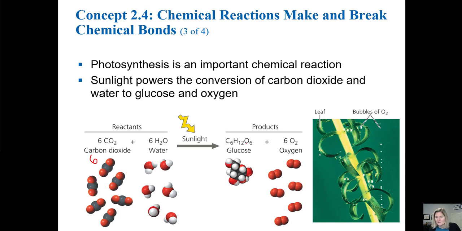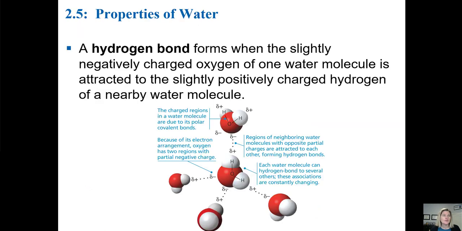Well, in my reaction, that means my glucose molecule should have 6 carbons. So there are 6 carbons in the glucose molecule, which means it's a balanced equation. Okay, so we talked about chemical reactions.